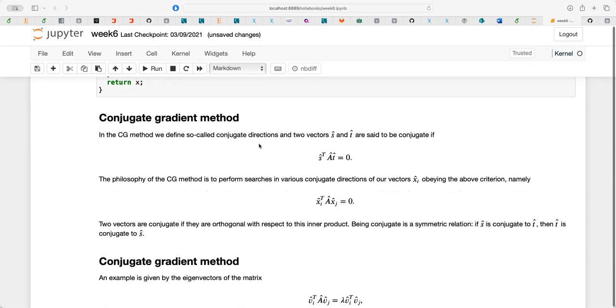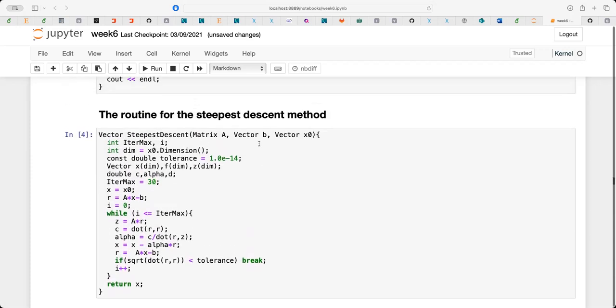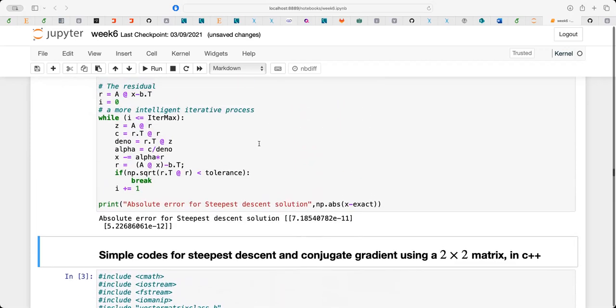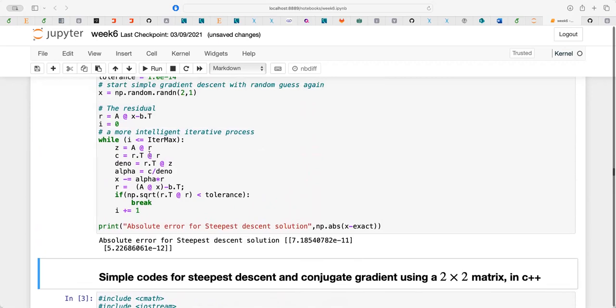So keep in mind that when we did the steepest descent, we were assuming that the vector in iteration k, this remainder, is orthogonal with the vector which you update. So that means that this remainder will keep making these kind of orthogonal vectors as you move on step by step.